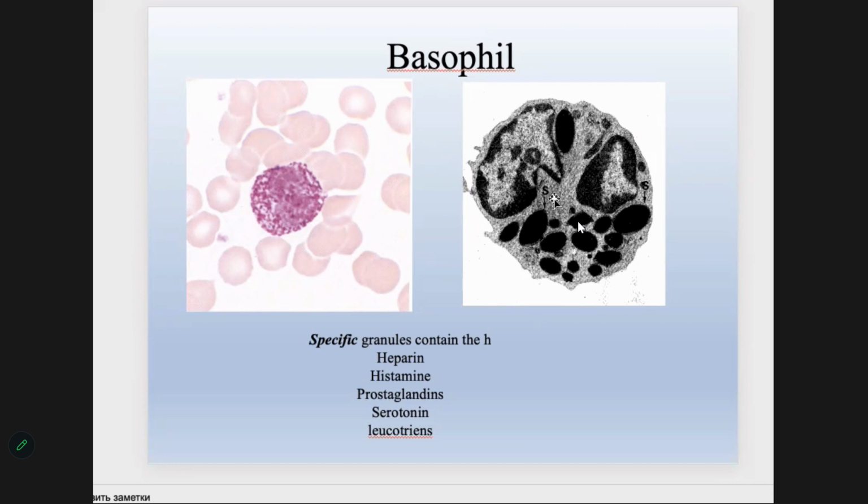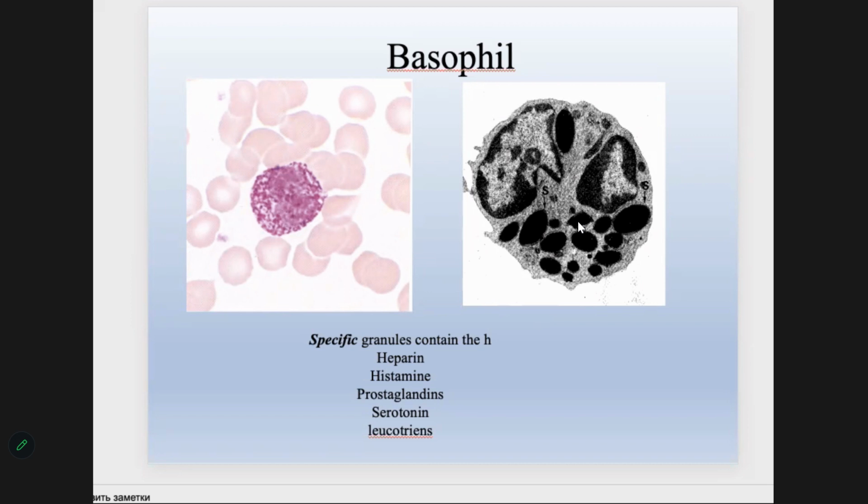So, in common, the main function of basophils is regulation of homeostasis of the tissues. The lifespan of basophils is longer than the lifespans of other types of granulocytes, from 1 to 2 years.